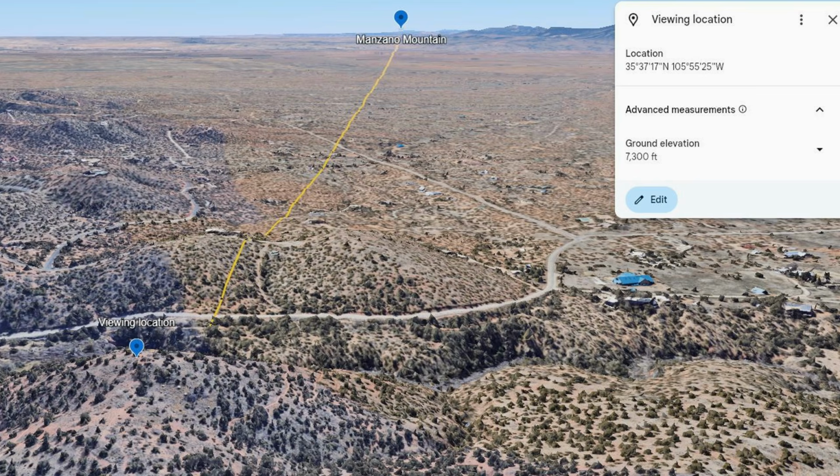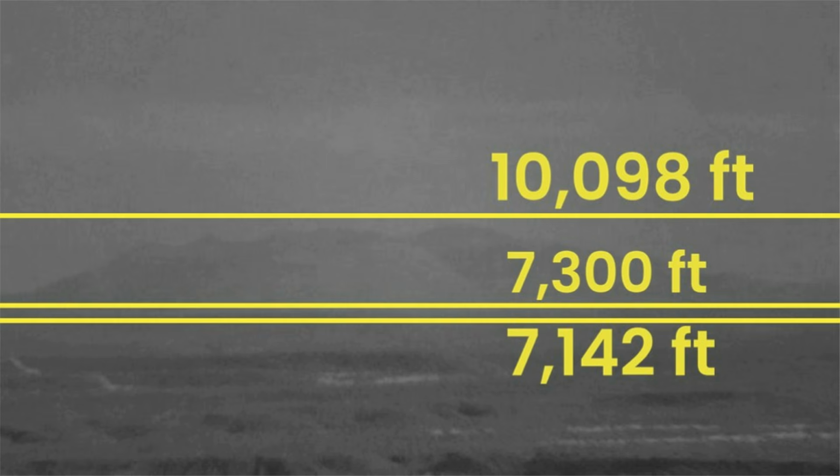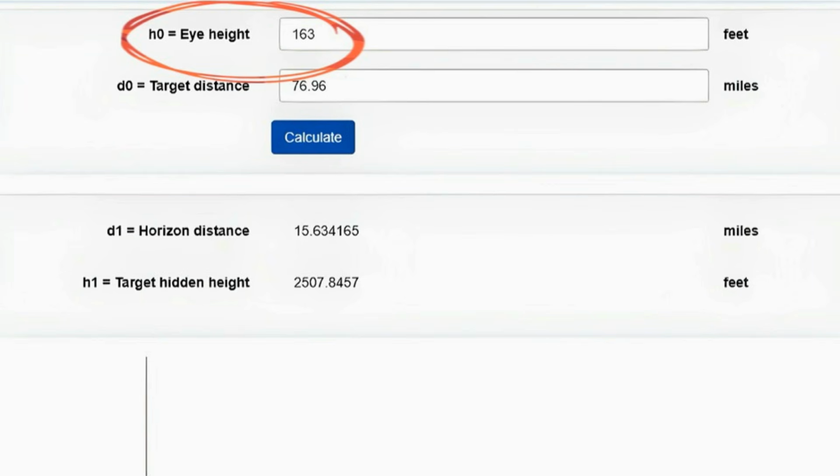My viewing location has an elevation of 7,300 feet. I add 5 feet for my camera and tripod. That puts me at 163 feet above the bottom of the Manzano Mountains. We'll factor in the eye height at 163 feet.